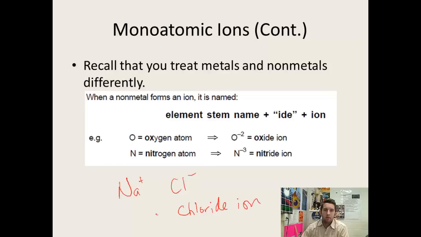So we have a sodium ion and we have a chloride ion. Oxygen. When it becomes an ion, we call it an oxide ion. Nitrogen, where's our stem? Add "ide" and the word ion. Nitride ion. So let's put this together.